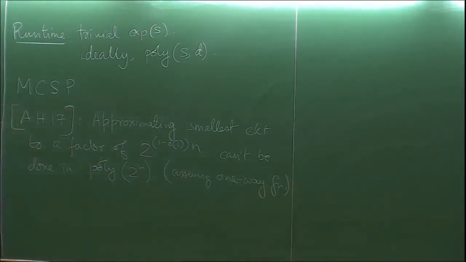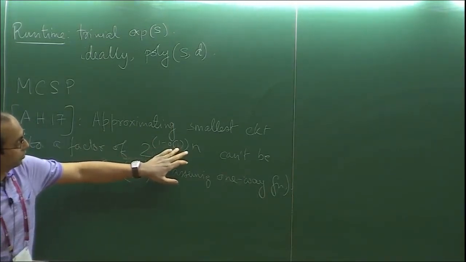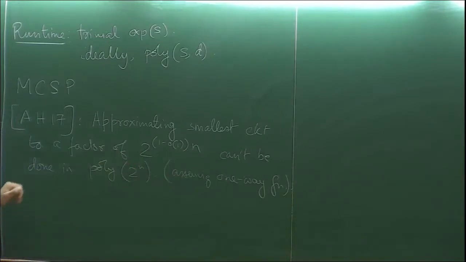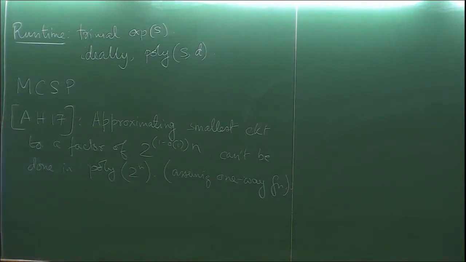So notice that the statement is quite appealing: even if you allow an approximation factor of 2 to the 1 minus little o of 1 times n, still you can't find the smallest circuit size in time polynomial in the size of the truth table of the Boolean function. Meaning the function is given very verbosely.